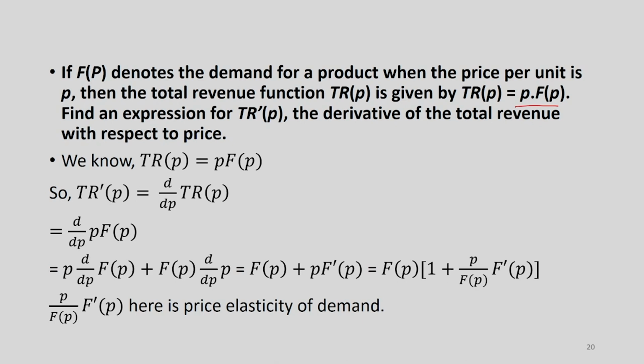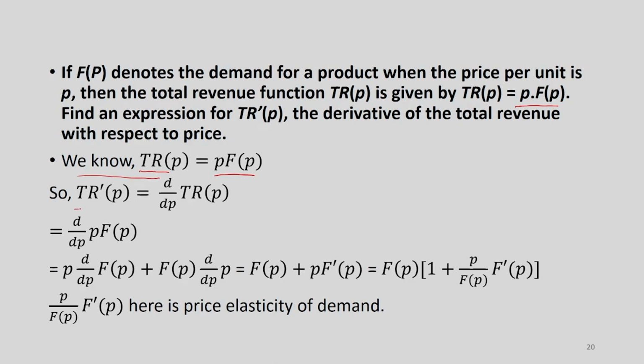and that is what we did. We started with TR(p), we used the definition: total revenue is equal to price multiplied by demand. Demand is given by f(p), so it is p multiplied by f(p).